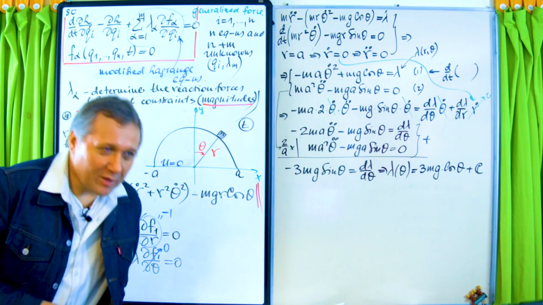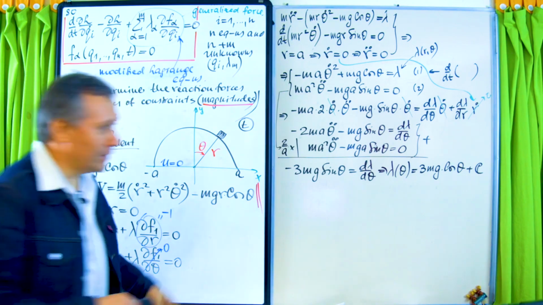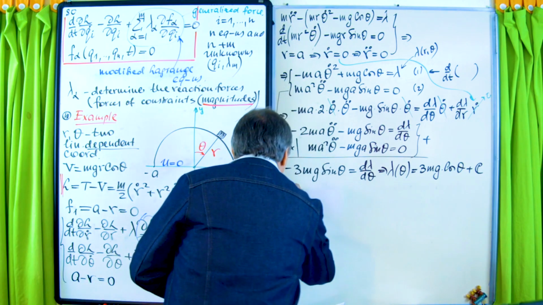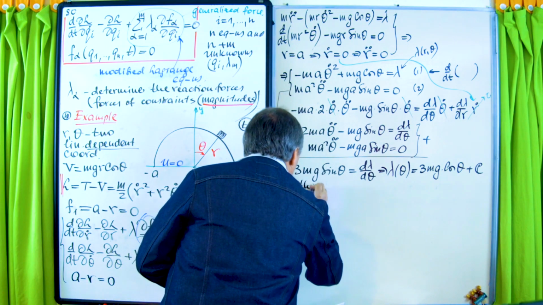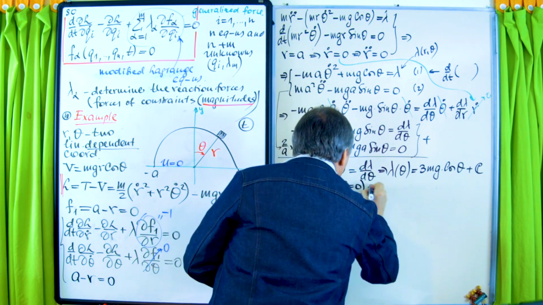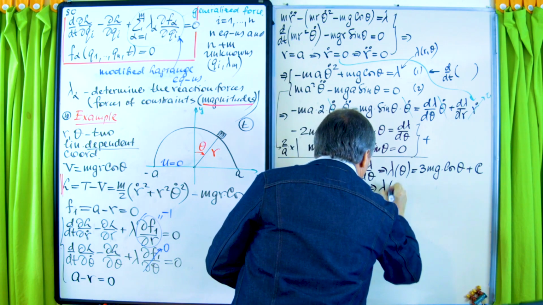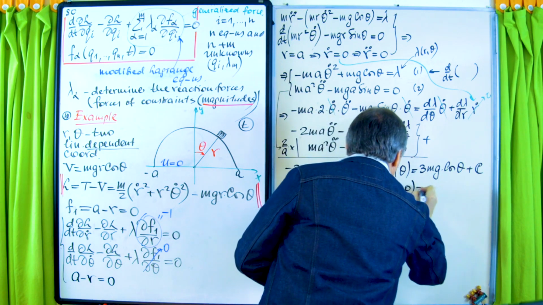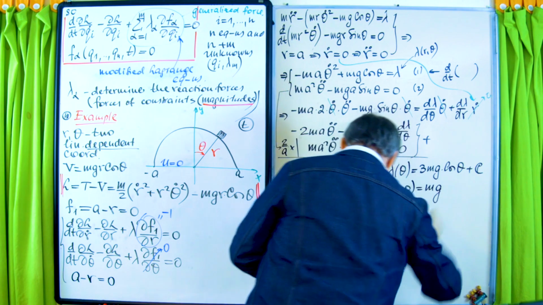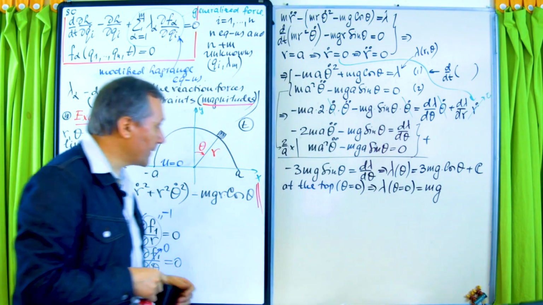You need to know something about that normal force, otherwise you wouldn't be able to get that constant, right? So at the top, where theta equals 0, lambda at theta equals 0 equals mg. So we need to apply that, otherwise we wouldn't be able to solve it.